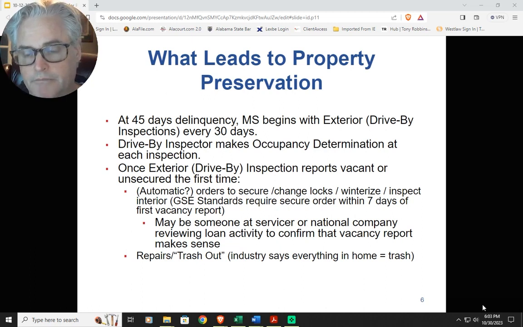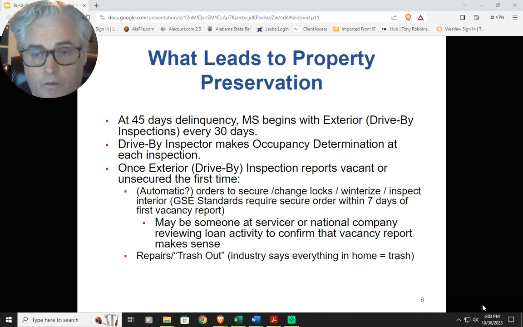Another thing that the inspection report is supposed to identify once the secure order has gone in is whether there are any interior repairs that are needed. And also, there's usually an order for what the industry calls a trash out.